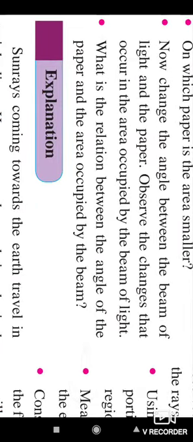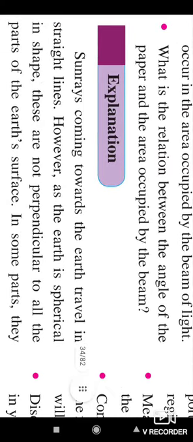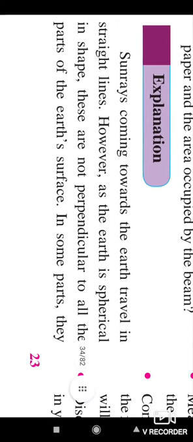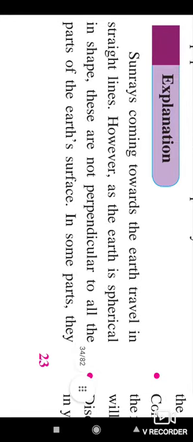So the next question is, what is the relation between the angle of the paper and the area occupied by the beam? The answer is related to the spherical shape of the earth.